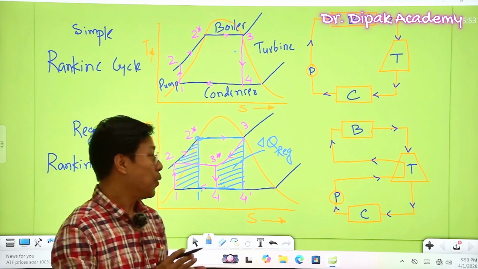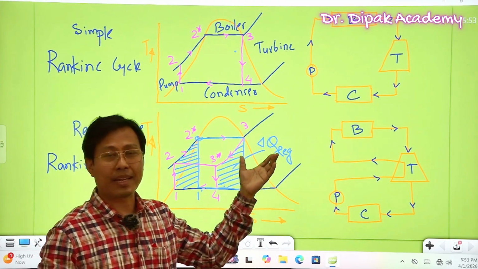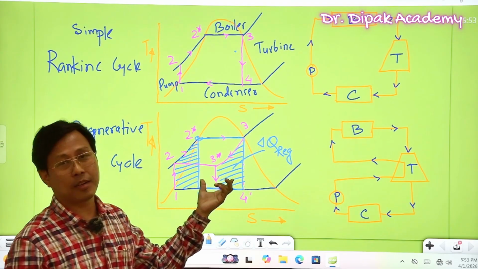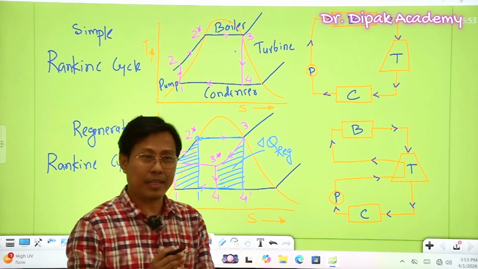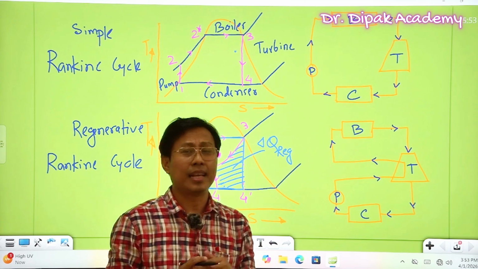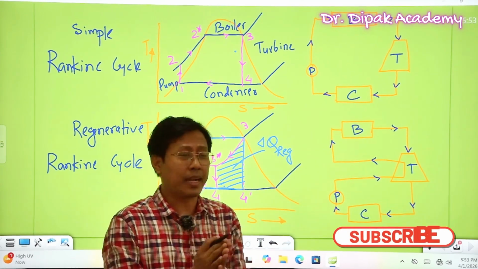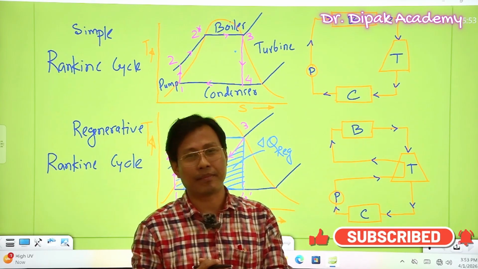That's why we can see that the thermal efficiency of the regenerative Rankine cycle is equal to the thermal efficiency of the Carnot cycle. Okay, so now we can realize how interestingly this regenerative Rankine cycle is carried out, so that our Rankine cycle can be equivalent to the Carnot cycle.